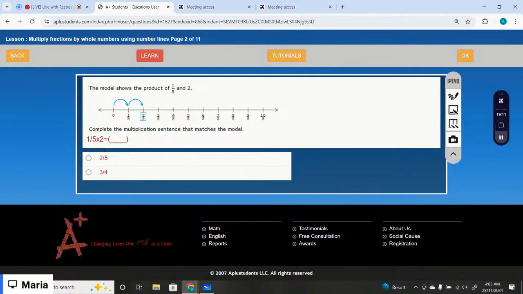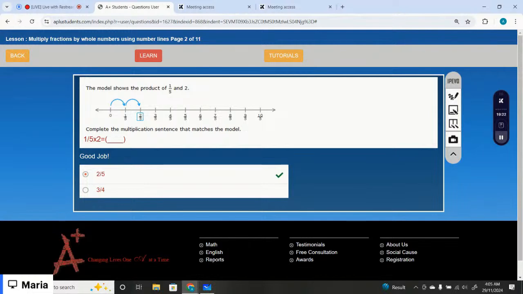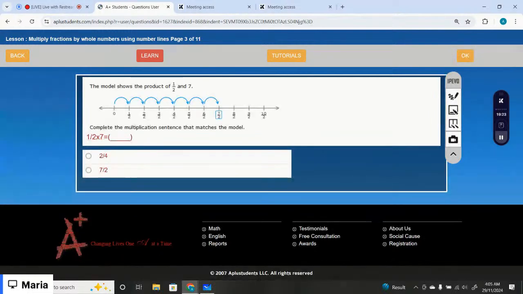That is 2 over 5. Option number 1 is the correct option. Very good. The model shows the product of 1 by 2 and 7. So which is the correct option?